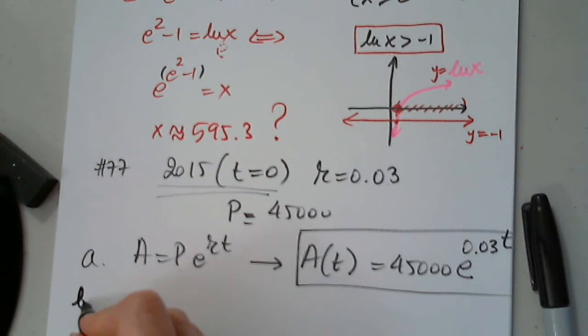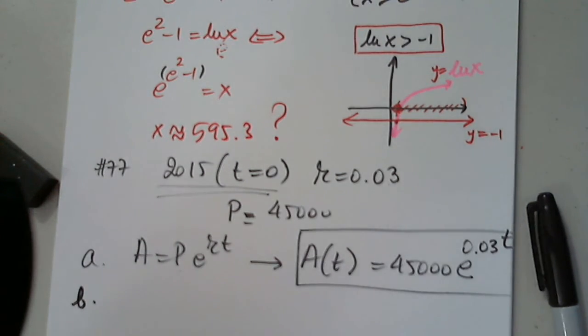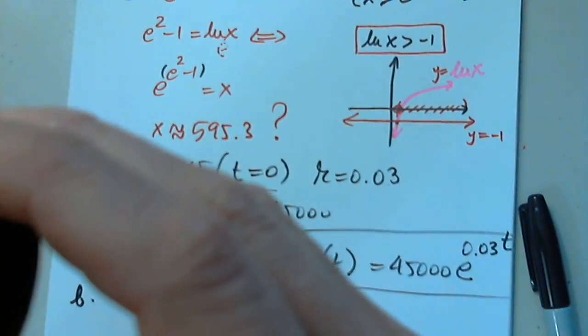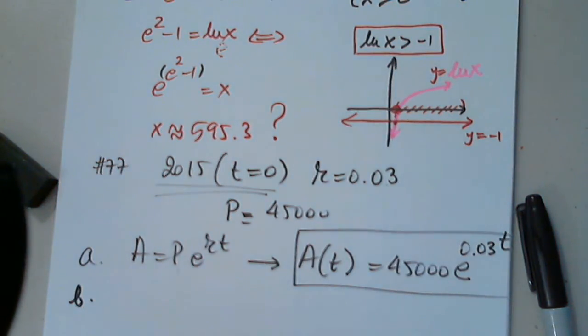Let's see what part B is asking us to do. Any questions on this? What will the population be in 2025? So year 2025. What are we trying to determine?